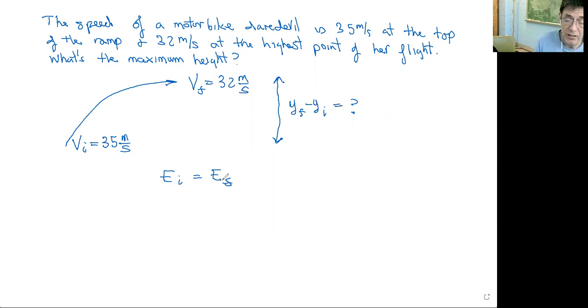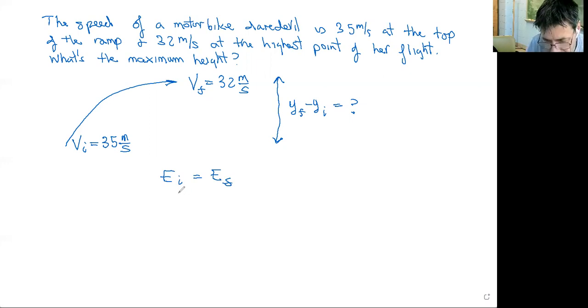What has changed is that kinetic energy that I had at the beginning of my flight has been turned into gravitational potential energy at the highest point of the flight. So I've turned some fraction of that initial kinetic energy into gravitational potential energy.